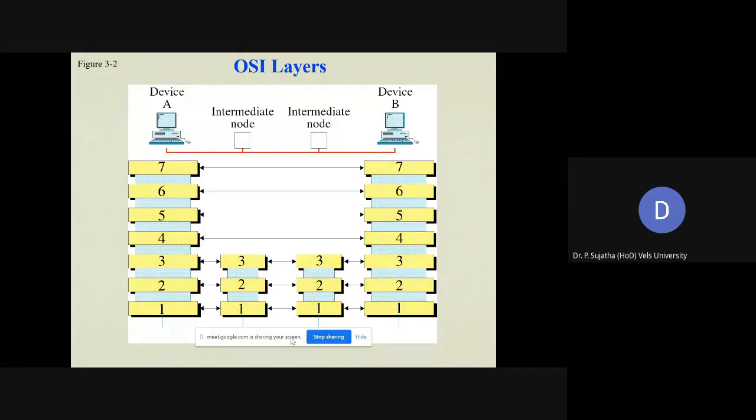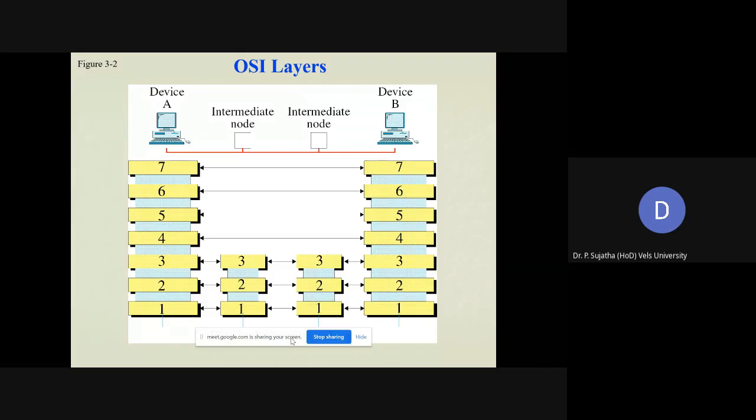The seventh layer, the application layer of device A, receives the message good morning and transmits it to the sixth layer, the presentation layer. Then from the sixth layer, good morning is transmitted to the fifth layer, which is what?